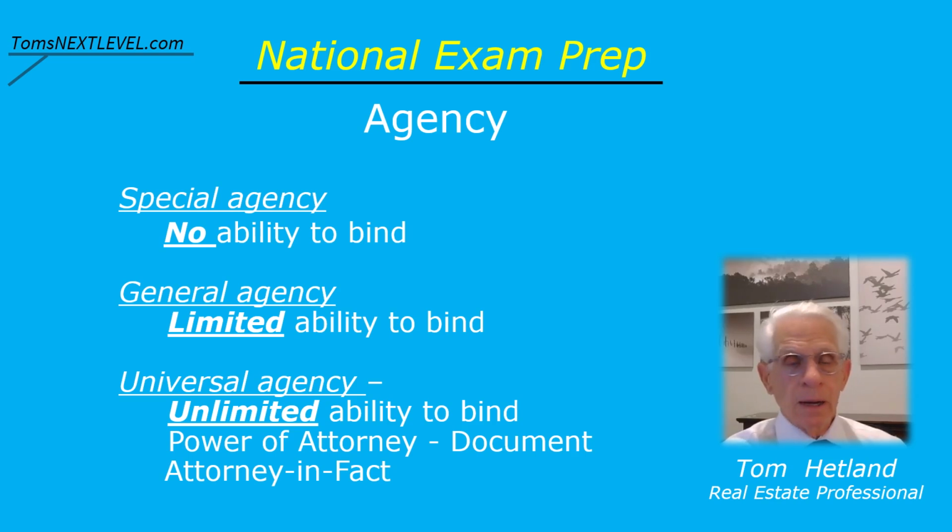And I want you to sign all the documents, and I want you to get it right up to the point of closing. But the seller has no idea who the client is, because that principal has given their agent universal agency to sign for them and to represent them without divulging their name. So that's what universal agency is.